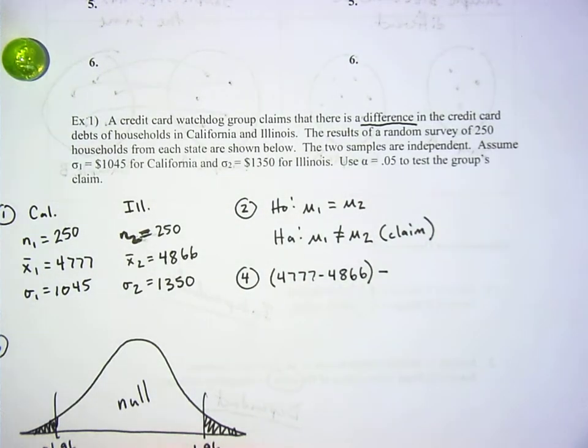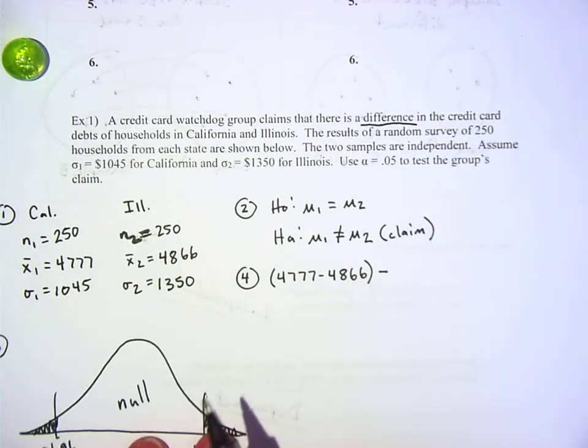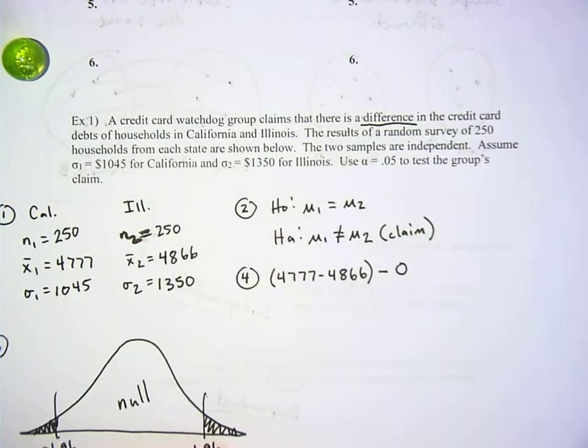What do we normally put in for mu when it's x bar minus mu? The claim that they say, right? But the thing is that this time there isn't one. And so what we do is we assume that they're the same. So we're going to say that mu 1 minus mu 2 is just 0.